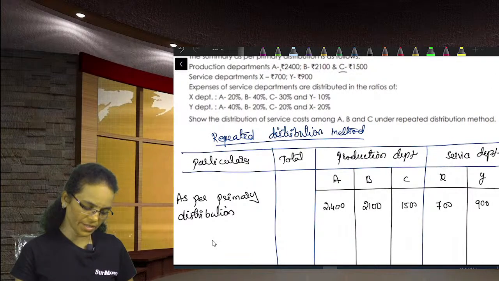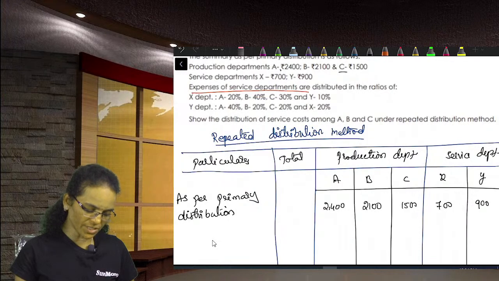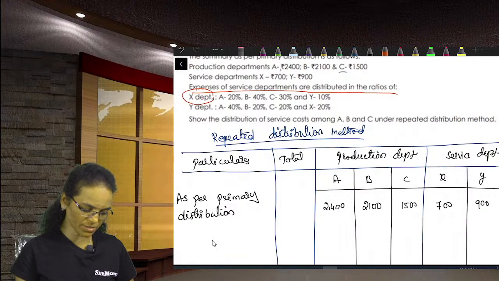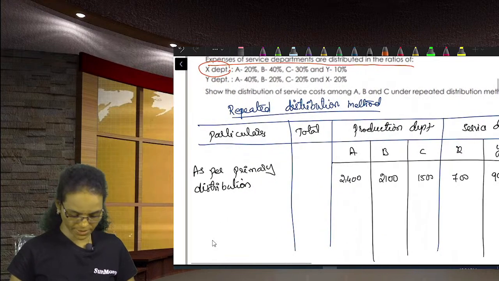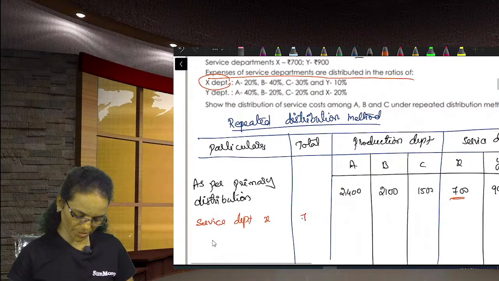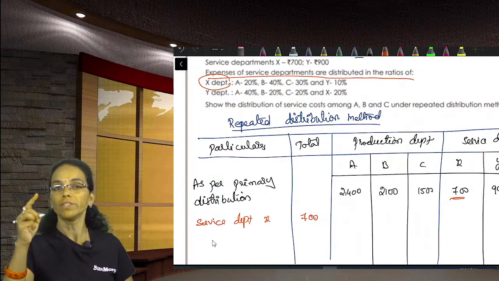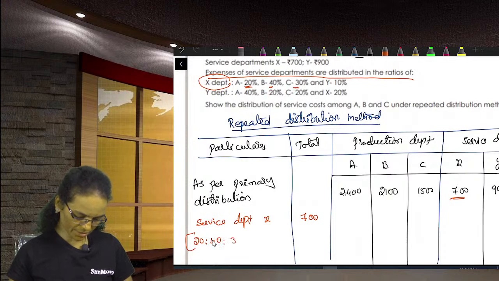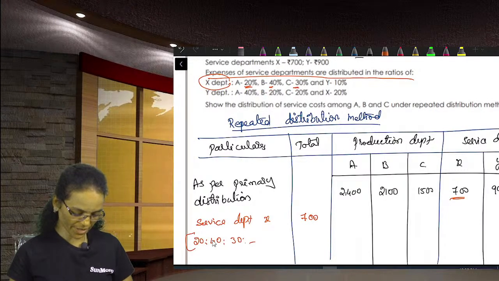What the question is saying, expenses of service department are distributed in the ratio. The service department expenditure is how much? This 700 rupees. This 700 rupees should be distributed among all the departments in the ratio of A 20, B 40, C 30, for X nothing, and Y 10%.